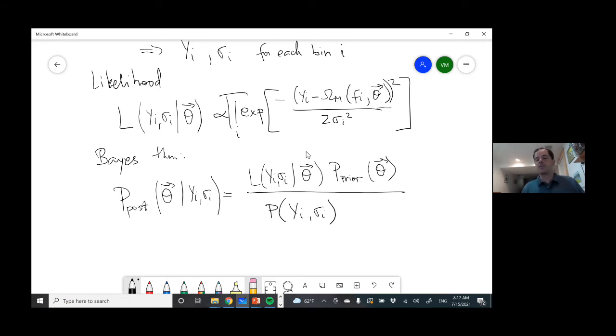So this is just an application of the Bayes theorem. You can think of these as conditional probabilities, both the likelihood and the posterior distribution.